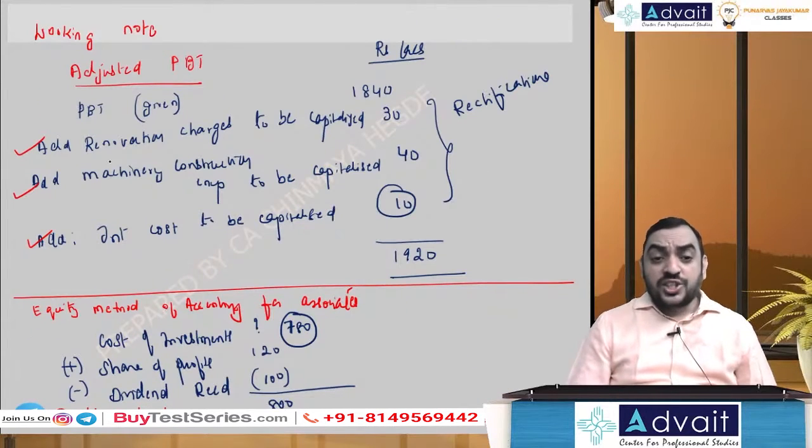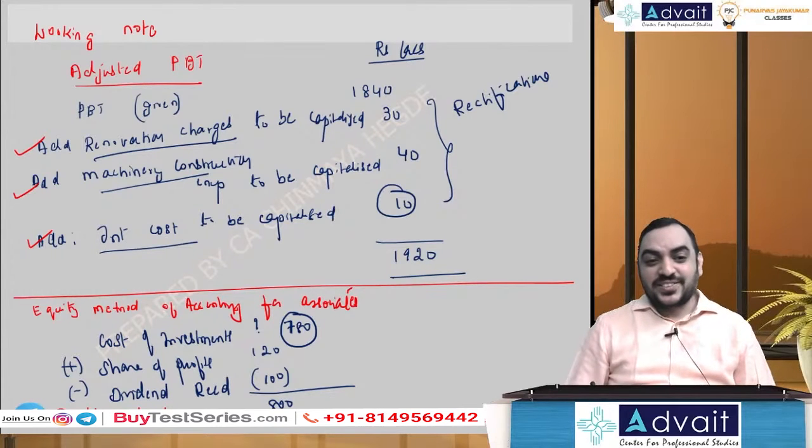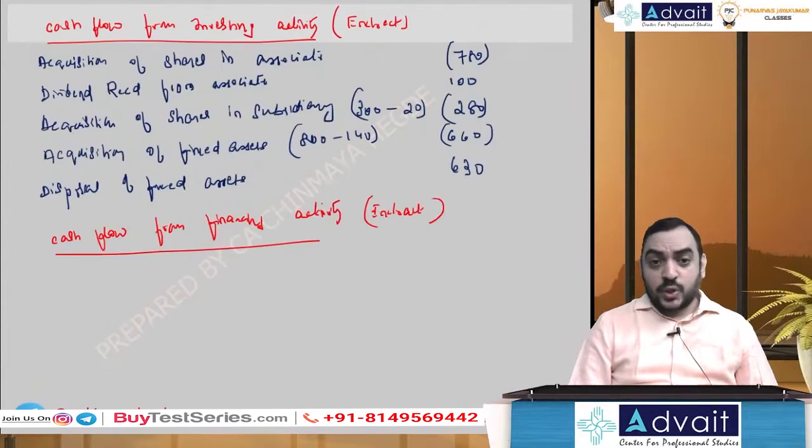See, renovation charges to be capitalized, machinery construction expense along with interest to be capitalized, those also will be part of investing activities. So renovation charges capitalized 30, that's also part of investing activity.